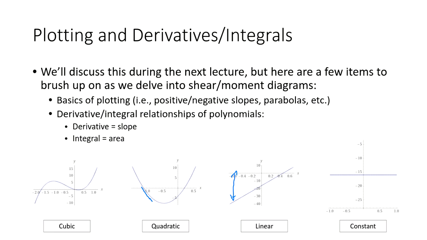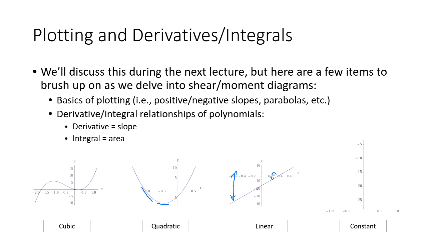Here, we have a low value. So low value, low slope. See, on Monday, I'll start calling that things like a lot to a little. So our shear diagram will have a lot of shear to a little shear. So our moment diagram, a lot of slope to a little slope. That type of stuff, if you're comfortable with that, shear and moment diagrams are not only going to be fun, they're going to be simple, okay?